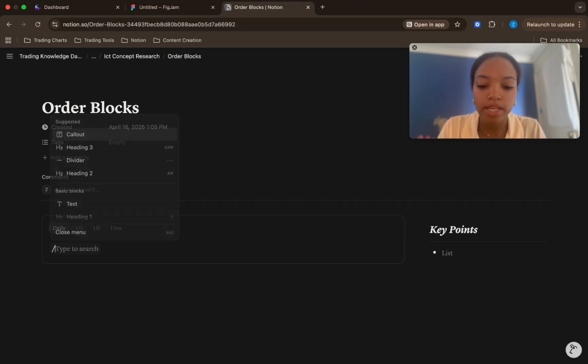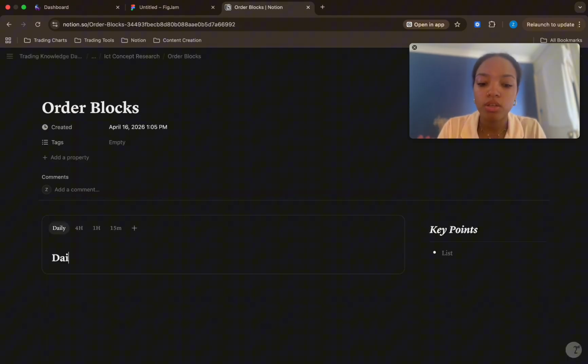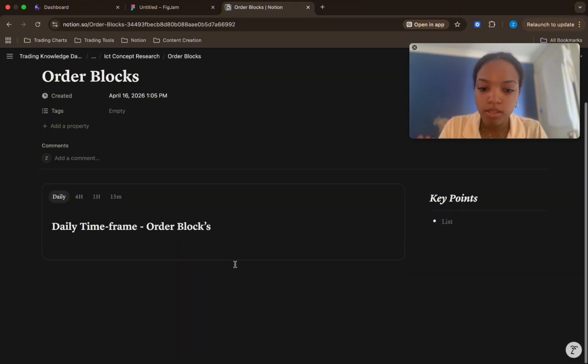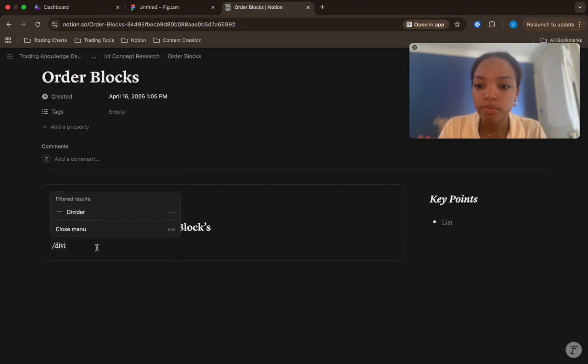But anyway, I have an order block. Wait, we're going to start with the daily, so we're going to make this heading 2: daily time frame, order block data. Maybe just put order blocks, and then we'll have a little divider.